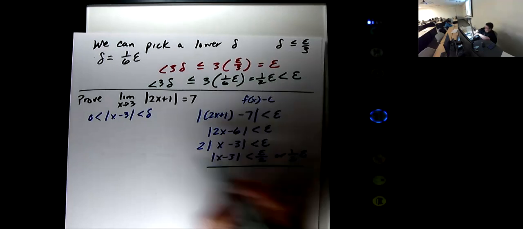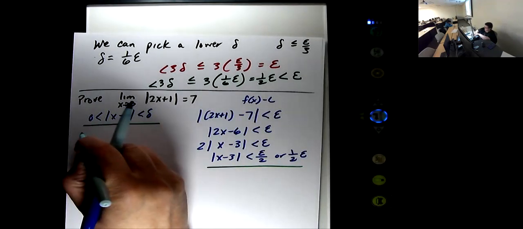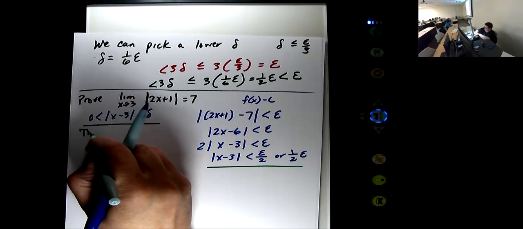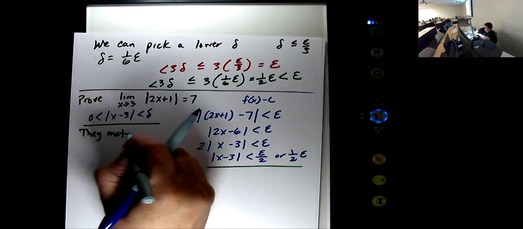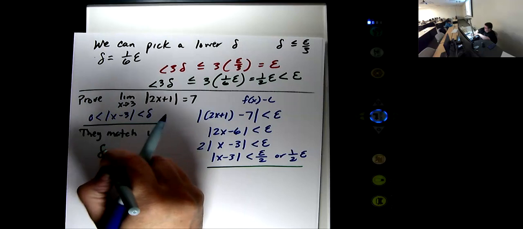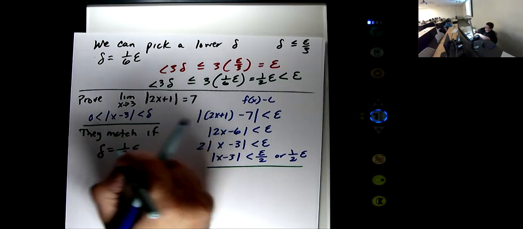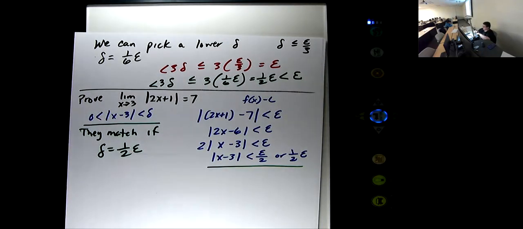This setup matches this setup. They match if delta equals 1/2 epsilon. So that's what we're going to assume in our formal proof.